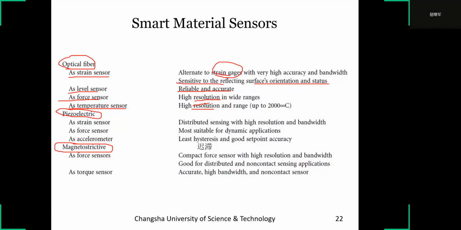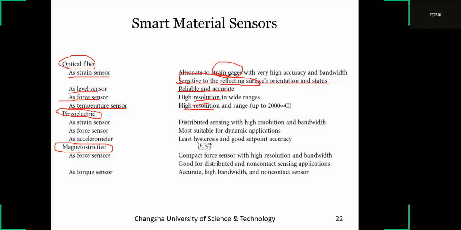As a level sensor, reliable and accurate.